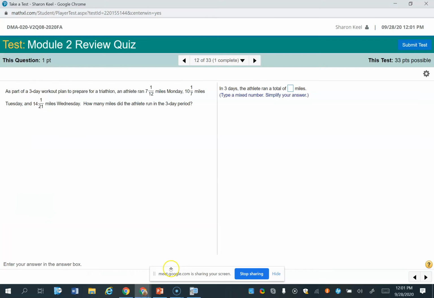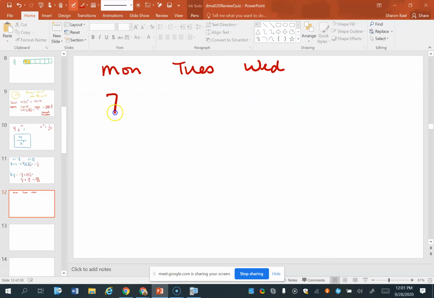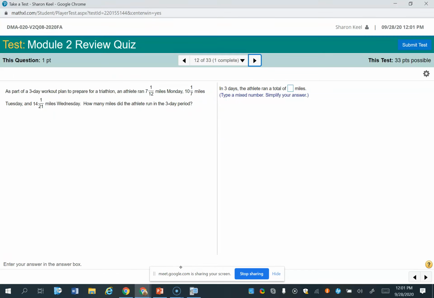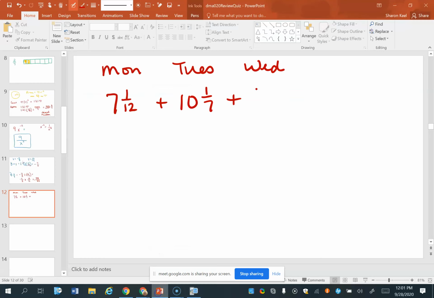Let's look back at those values. We have 7 1/12 plus 10 1/7 and 14 1/21. Usually the common mistake students make with this problem is that they accidentally type one of the terms as a half instead of the 21 or the 12.